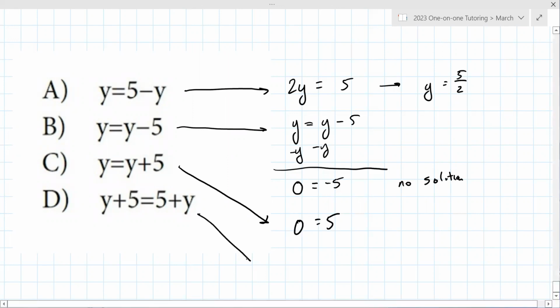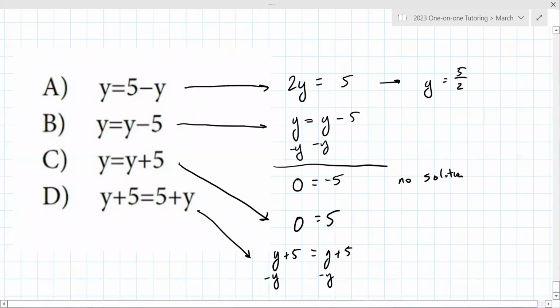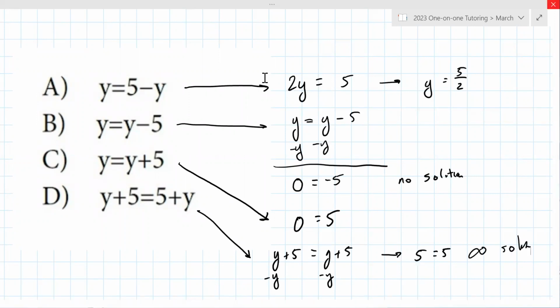And the last one here, when you subtract Y from both sides, you end up getting 5 equals 5. What does that tell you? Infinite solutions, good.